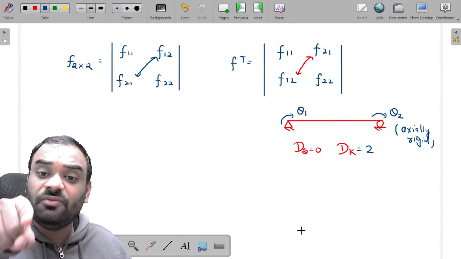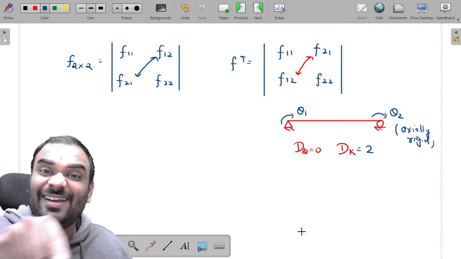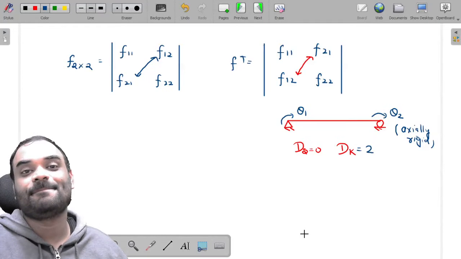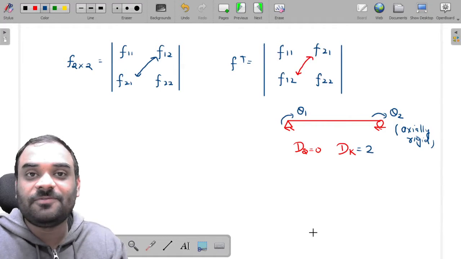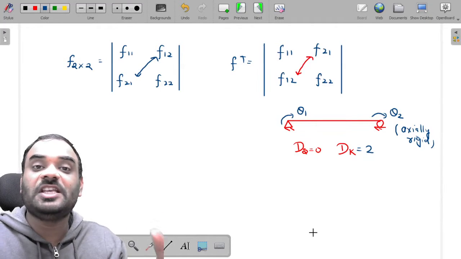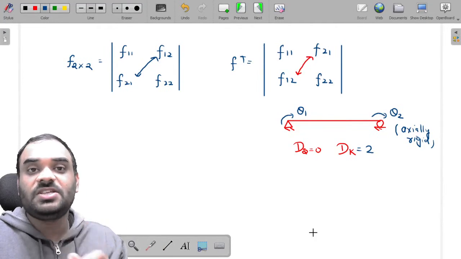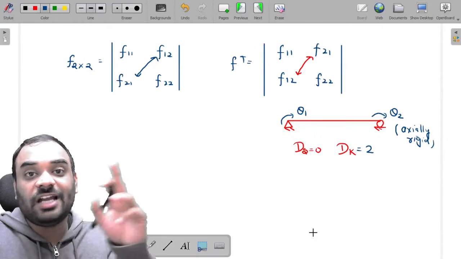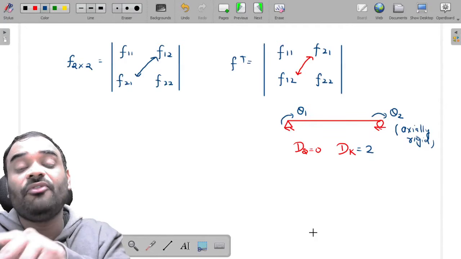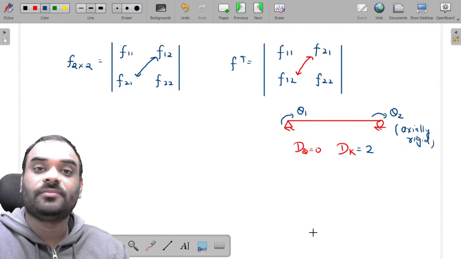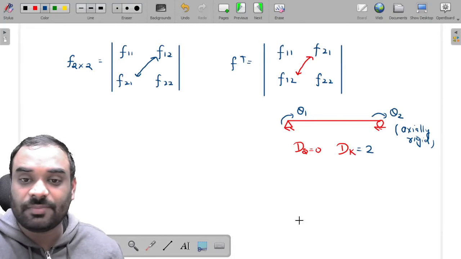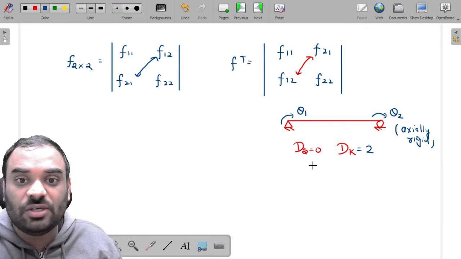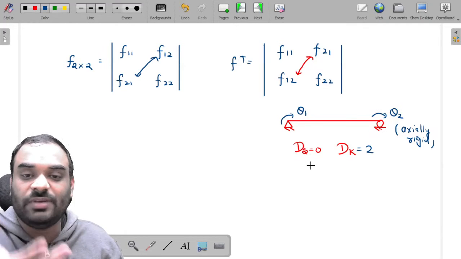Now my dear friends, if this structure is kinematically indeterminate, then you are able to apply the stiffness matrix method over here, because the stiffness matrix method is a displacement method. If any structure has some unknown displacements, then you are able to apply that method to find out the values of unknown joint displacements. Understood? This is the concept. So in this particular structure, the stiffness matrix method is applicable.